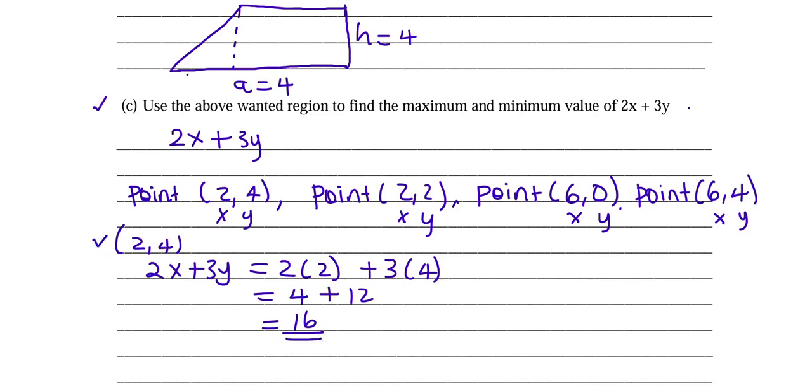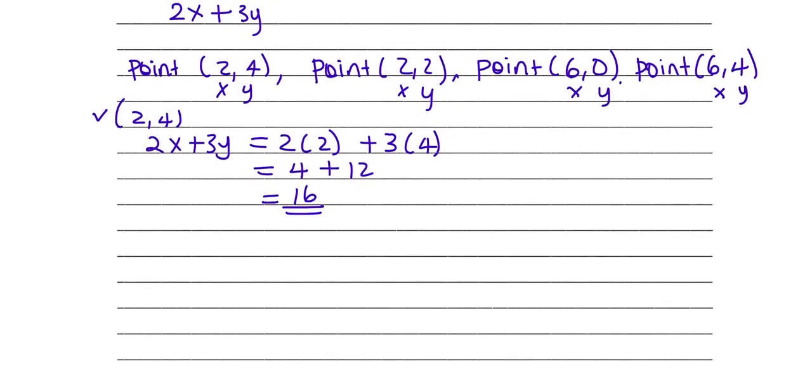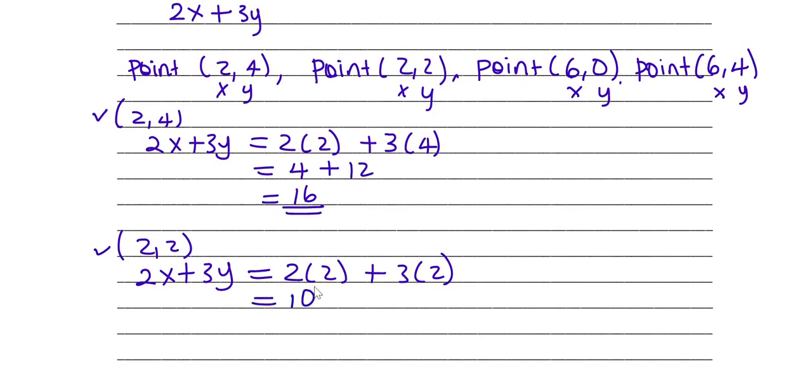And then we also go to the value for the second point. Second point is 2 and 2. So we shall say 2x plus 3y equals 2 times x, which is 2, plus 3 times y, which is 2. This is 4 plus 6. This is 10. That is for the second point.